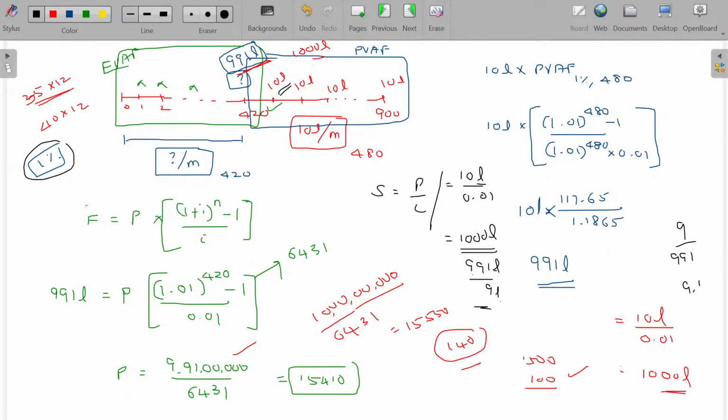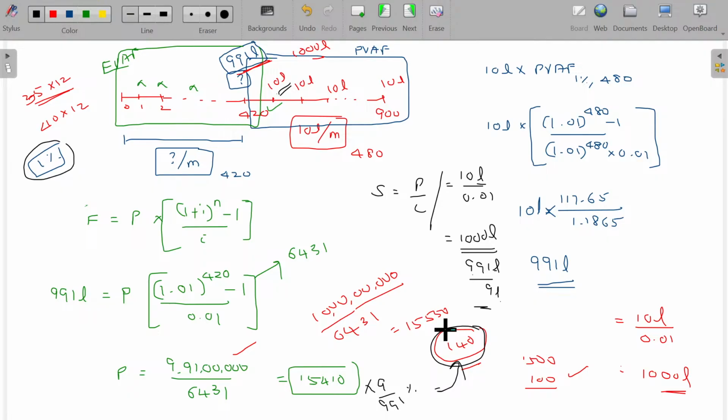Means matter of 0.9% extra. You understand? The rider plan.